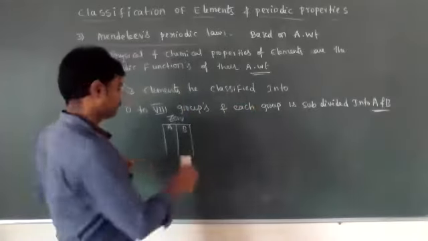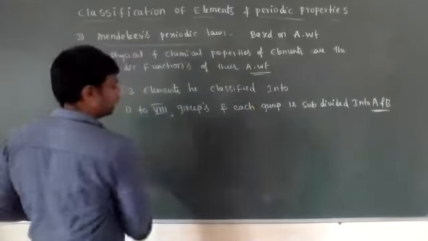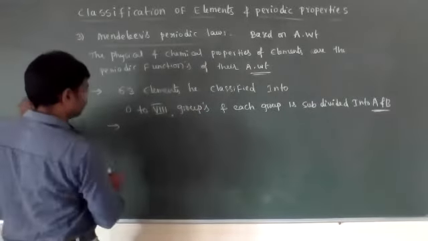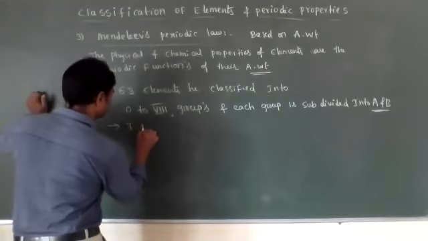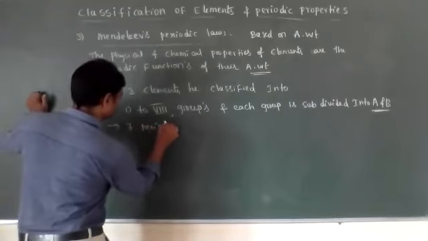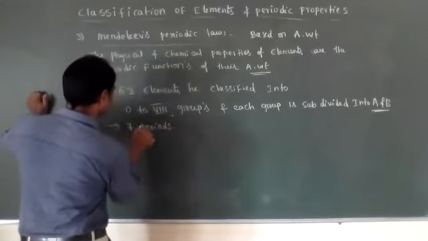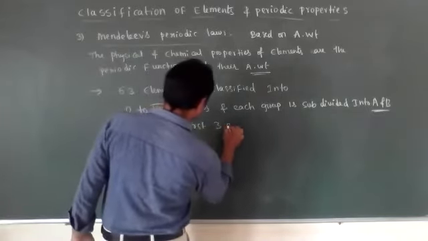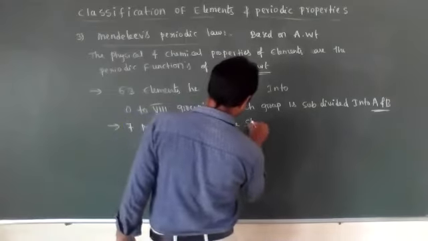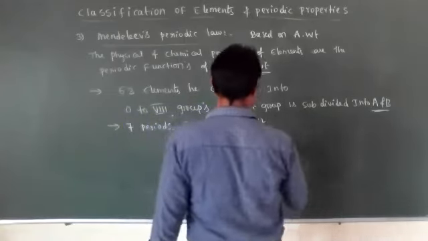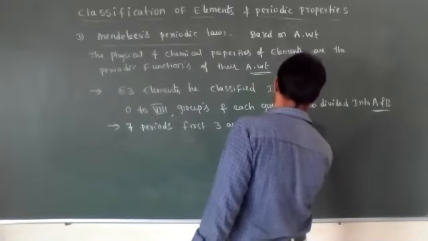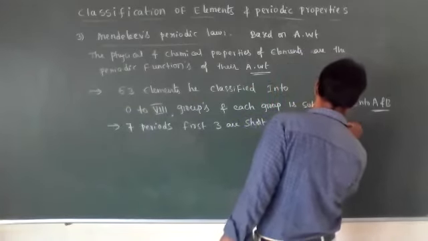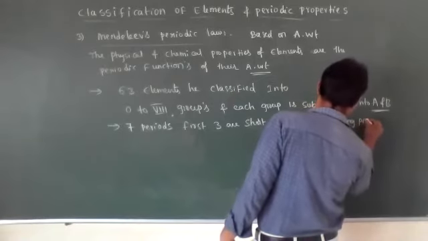We have to remember that he introduced 7 periods. Out of the 7 periods, the first 3 are short periods and the remaining are long periods.